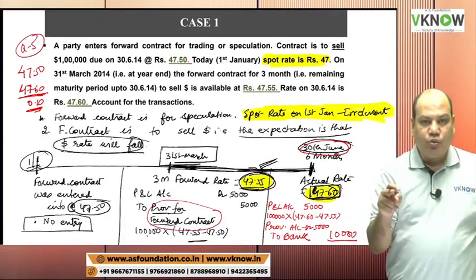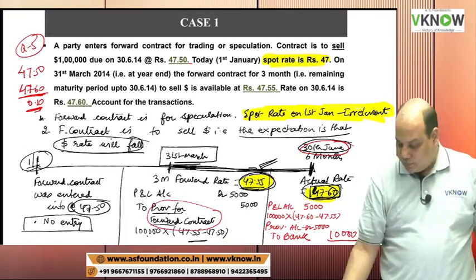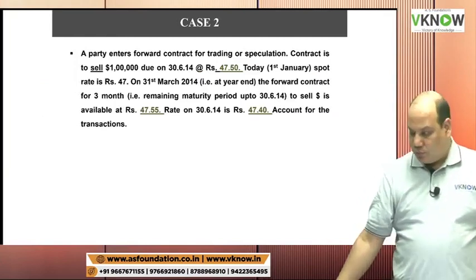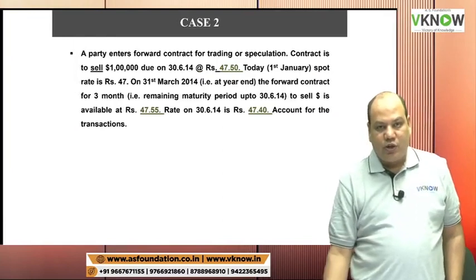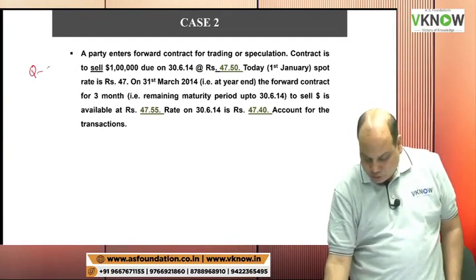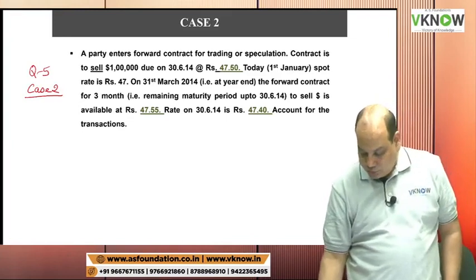Now what you do, you make a small change in this question number 5 and call it case 2. I have just made some changes. In your notebook, write down question number 5, case 2, and just write down 2-3 lines.